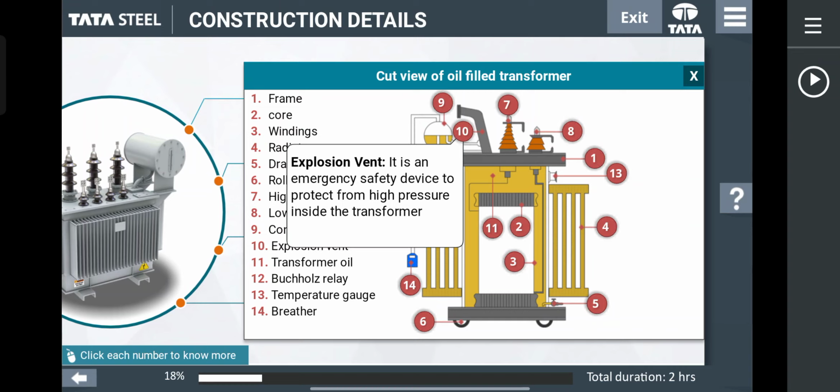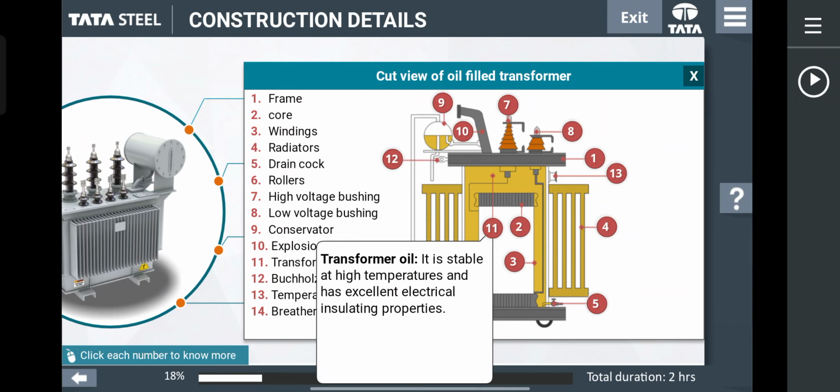Explosion vent. It is an emergency safety device to protect from high pressure inside the transformer. Transformer oil. It is stable at high temperatures and has excellent electrical insulating properties.